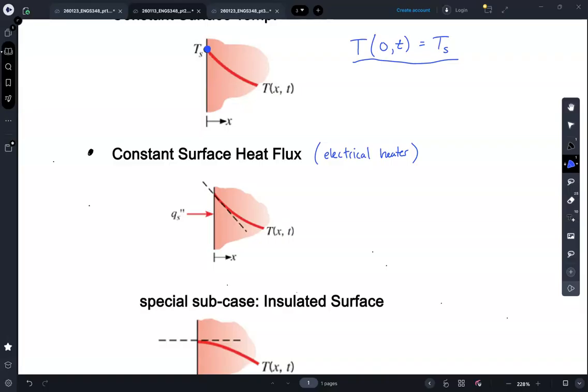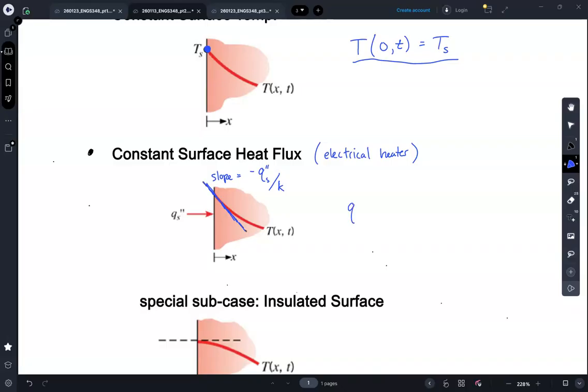What that does is give us a constant slope in the temperature gradient, in the temperature here at the object's surface. And that slope is equal to the heat flux, so minus the heat flux divided by the thermal conductivity. And throughout that entire process, whether the object is heating up or cooling down, this slope remains fixed when we have a fixed heat flux.